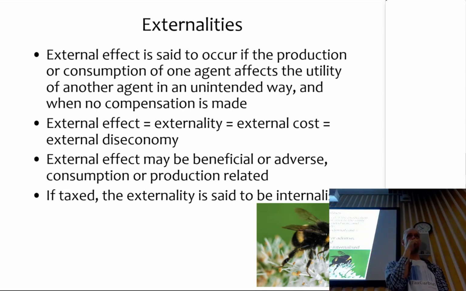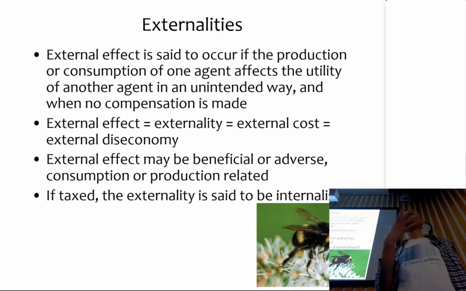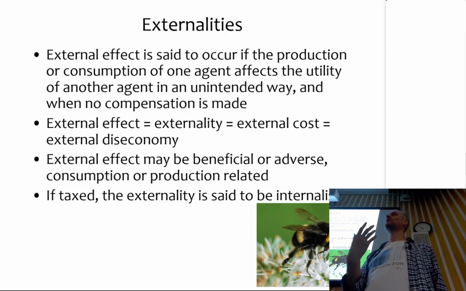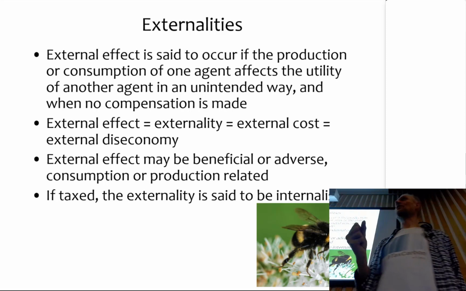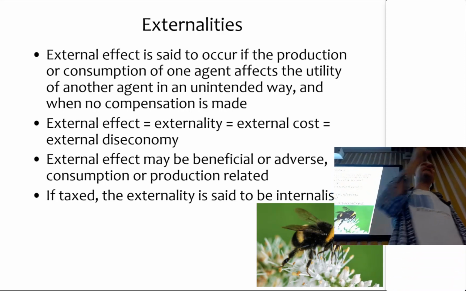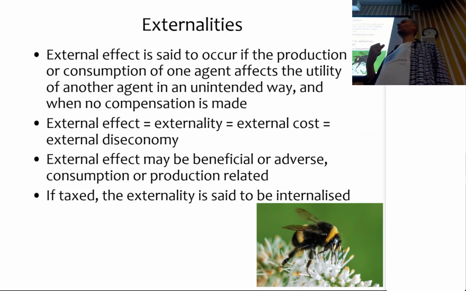So what do we mean by unintentional? It's not that we don't foresee the consequences, but it's just not the main purpose of why we do things. So if you burn coal to make electricity, your intention is to make electricity and sell it at a profit. If you do so, you also make acidifying substances.